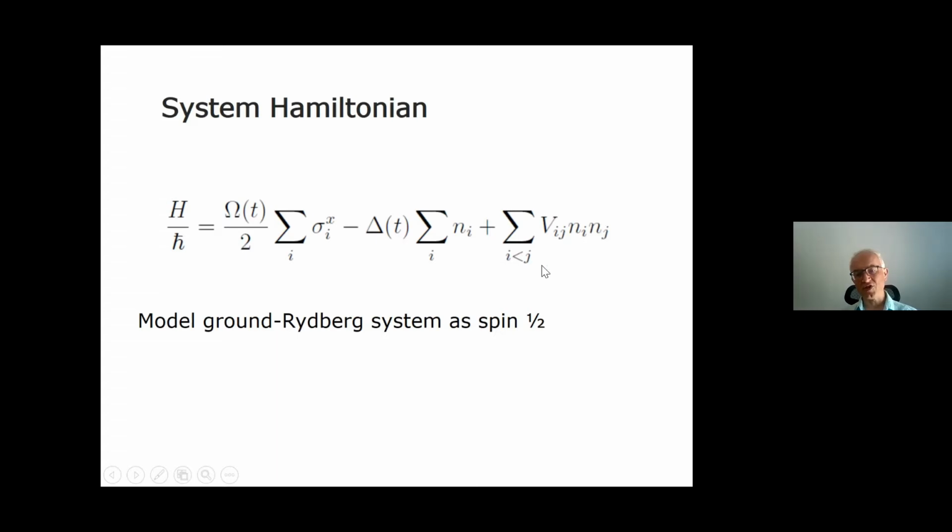And then the interesting term is this Vij term, a next neighbor term, let's say. So this basically is an energy cost if you want to excite two atoms to the Rydberg state. And typically we work in the so-called blockade regime, where this Vij is larger than all other energies in the problem, so that basically this makes it prohibitive to excite two atoms within a Rydberg blockade radius.